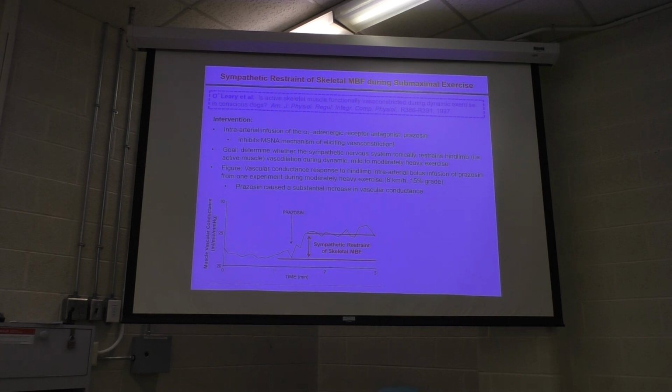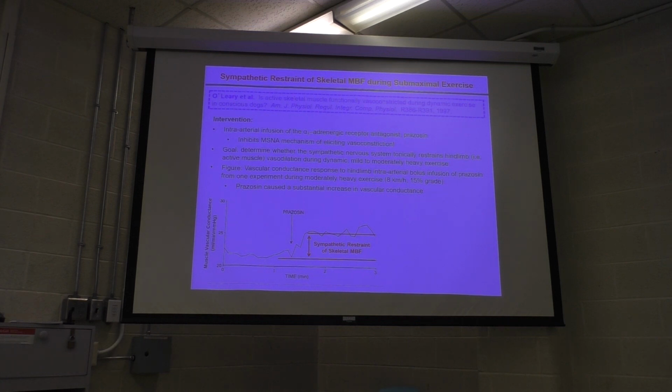So you can see here was their muscle vascular conductance, and again, this is the active muscle, their dogs are running around. If there was no increase in sympathetic nerve activity going to the active muscle, and the dog was somehow able to direct sympathetic activity only to the inactive ones, we wouldn't expect to see any change in vascular conductance when we block those receptors.